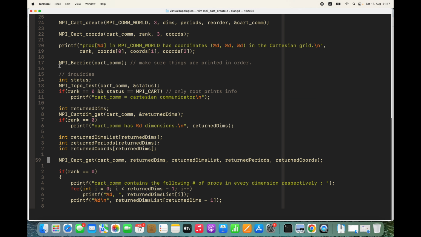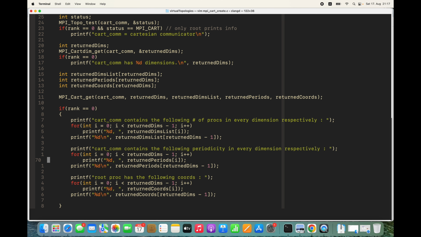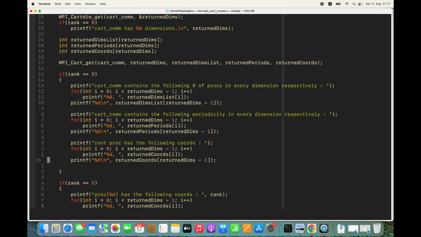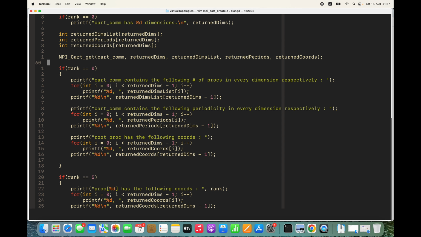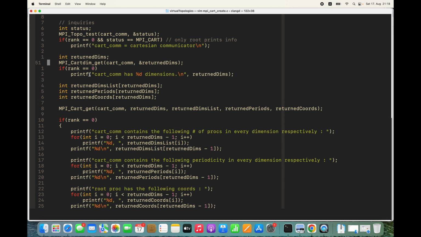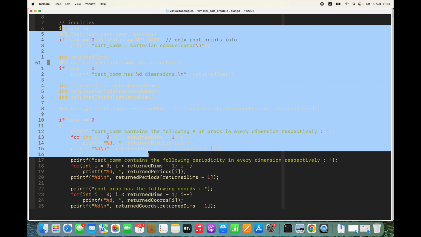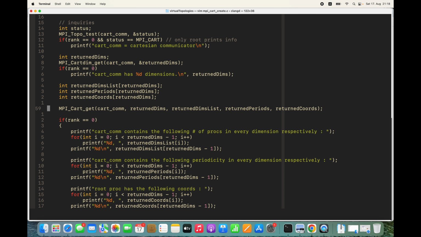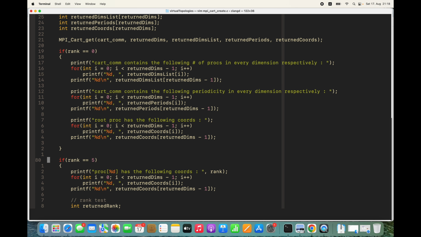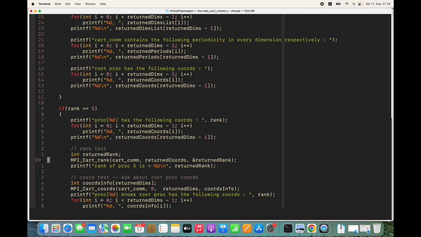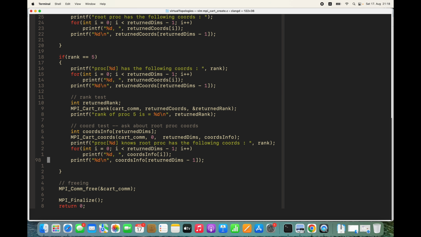And then we use some of those inquiry functions to print some more information about our Cartesian topology. I'm not going to go through the rest of this example, but I scroll down slowly so that you can pause this video and see the code quite easily. So you don't think that there's any magic happening.